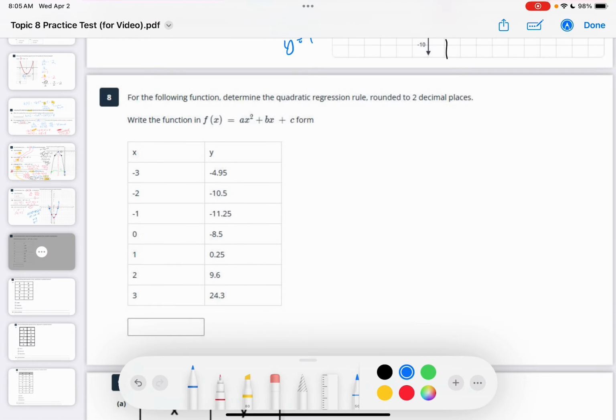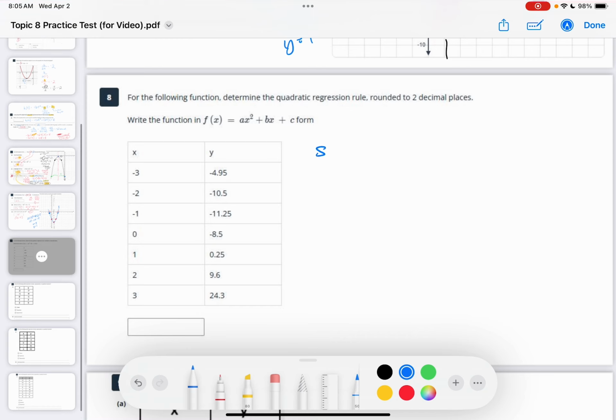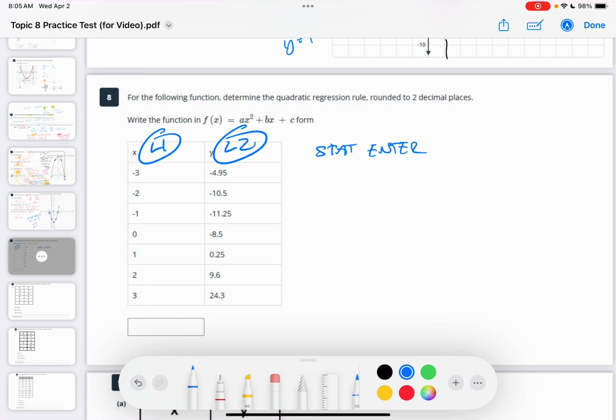Number 8, you're just going to use your calculator to figure out what that rule is. All right, so we're going to go stat, enter. This is going to be my L1. This is going to be my L2. I told you it's quadratic, so then it's just a matter of going stat, over to calc, and then choosing option 5, which is quad reg.